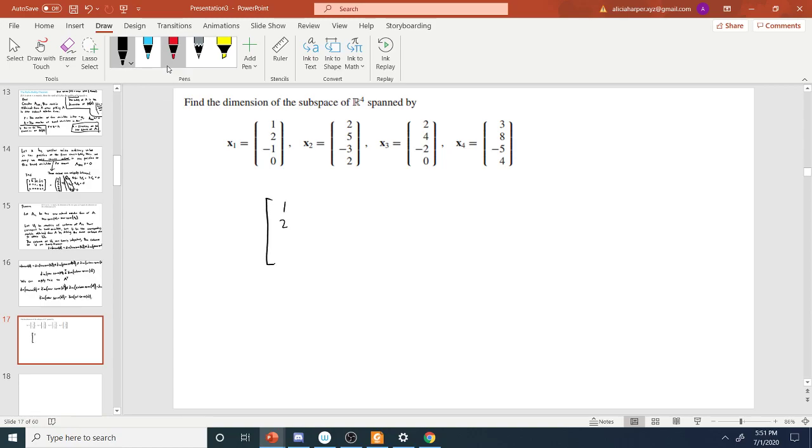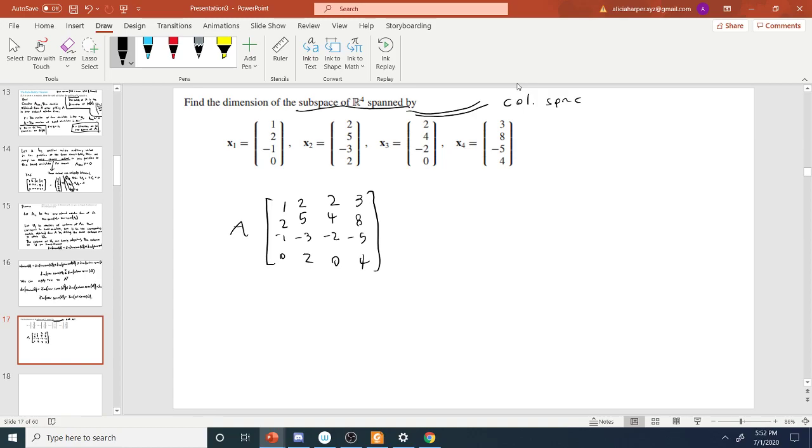And so we have 1, 2, -1, 0, 2, 5, -3, 2, 2, 4, -2, 0, 3, 8, -5, 4. And so this space right here is the same as the column space of A.